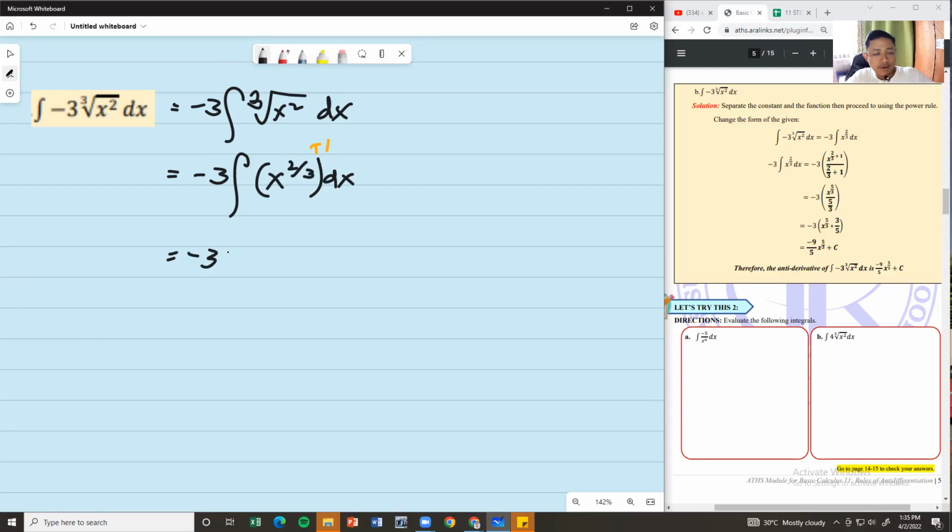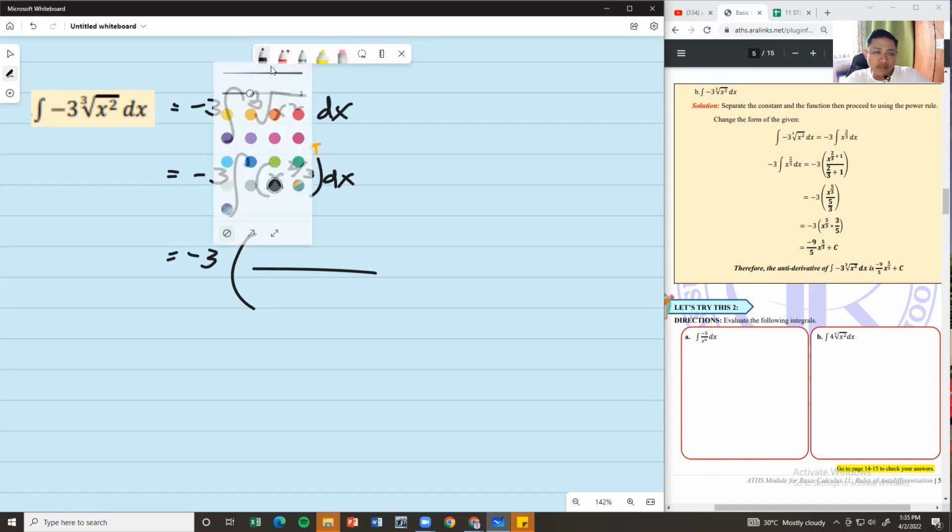Okay, I hope you are following. So this will become 1, actually, para mabilis tayo, I will change the 1 to 3/3 because 3/3 is just the same as 1. Okay, kasi fraction siya eh. So 3/3. Para automatic, my answer will be x raised to 2 plus 3, it's 5/6.